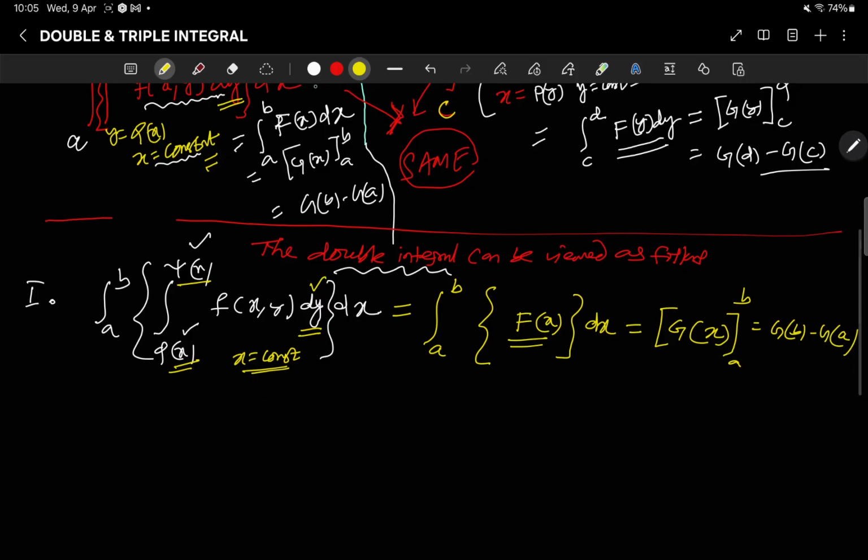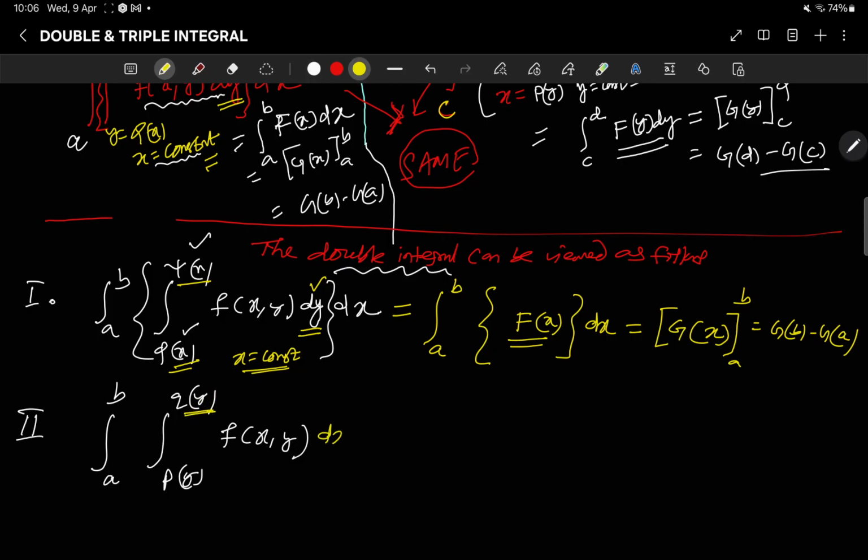Now coming to the second, the integral may be viewed as: a to b, with p of y to q of y. So you have here f of x y. The variable must be opposite to this: now we have to evaluate with respect to x first, and then with respect to y.